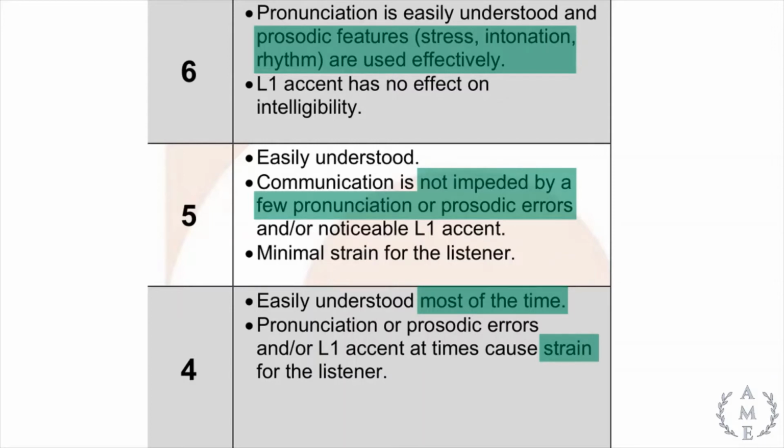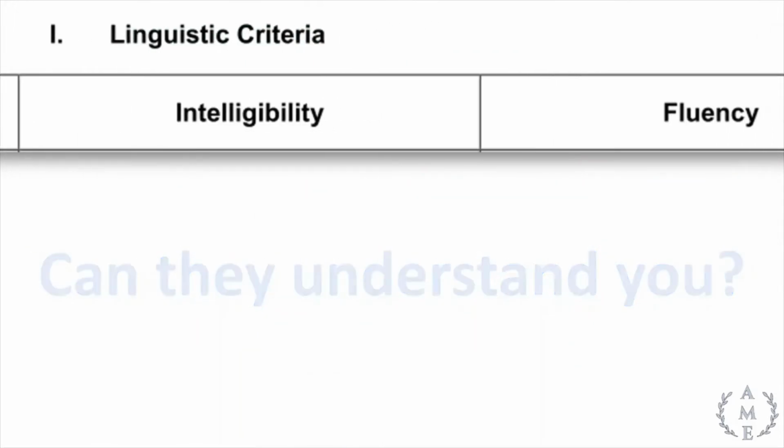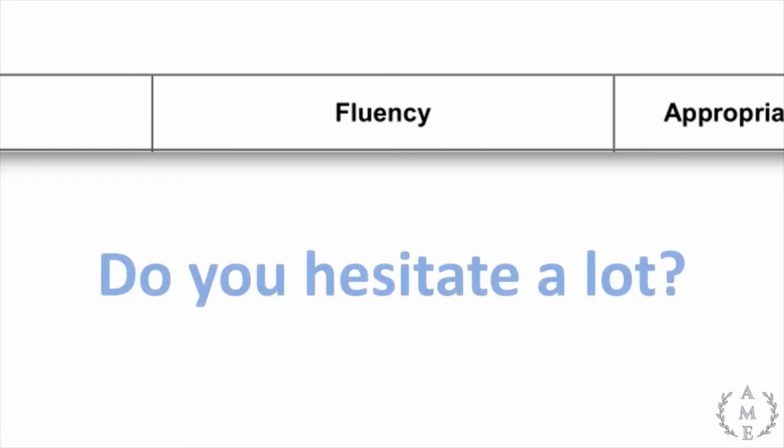So this might be something like raising your intonation at the end of a sentence to show that it's a question, right? Or stressing a word in a sentence that wouldn't normally be stressed to put emphasis on that piece of information. So that's intelligibility. Essentially, can you be easily understood? Is your pronunciation clear? Next up is fluency.